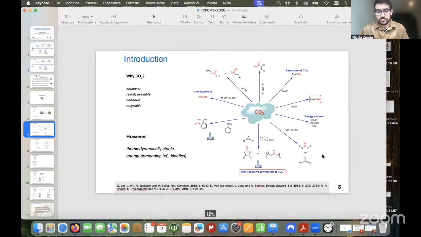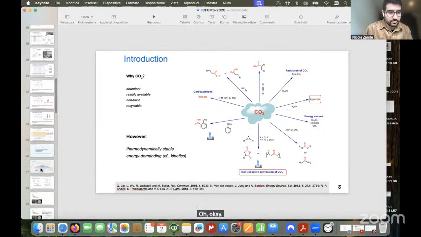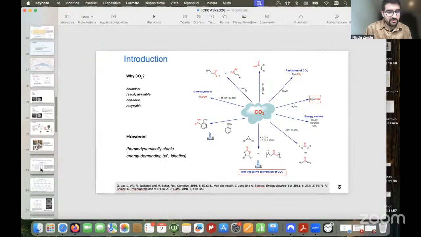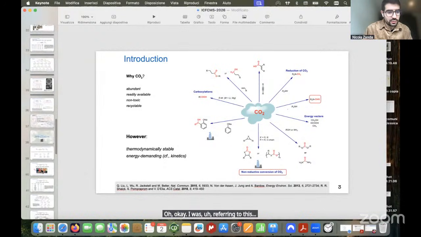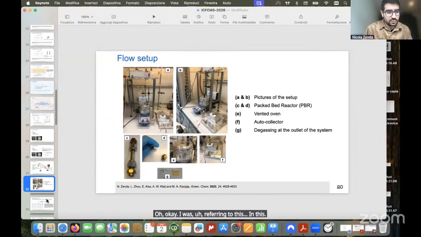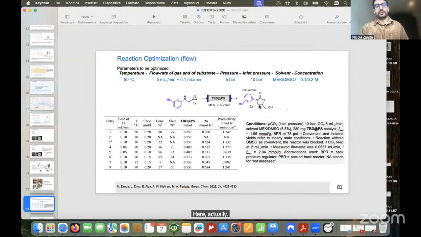Sir, in your discussion, you said NH activation is with MEK. What is the role of MEK in the activation of the NH proton? Oh, okay. I was referring to this here, actually.